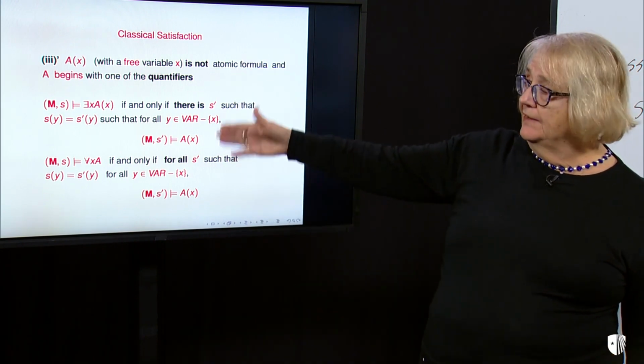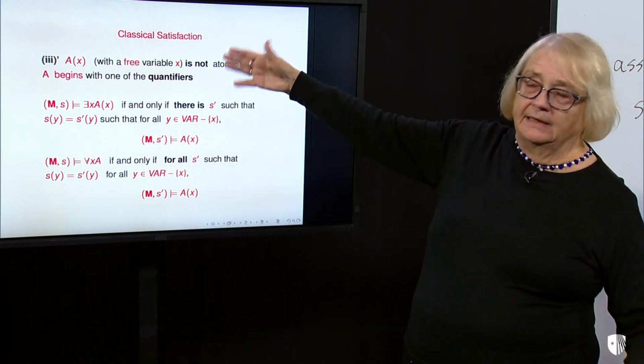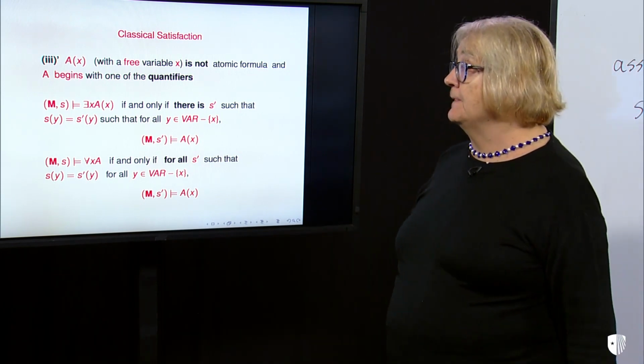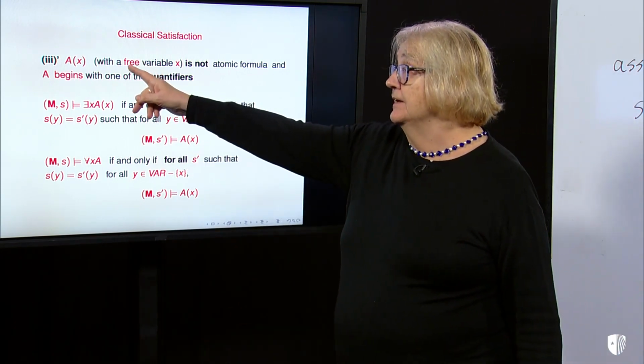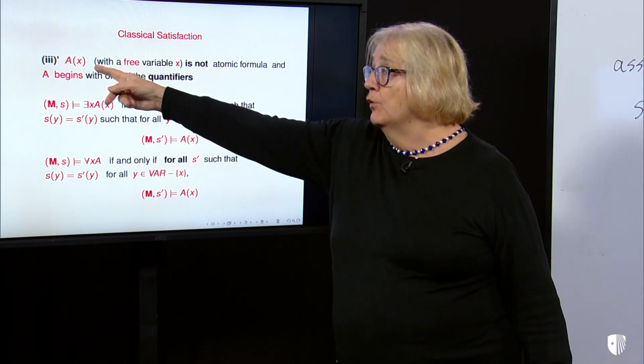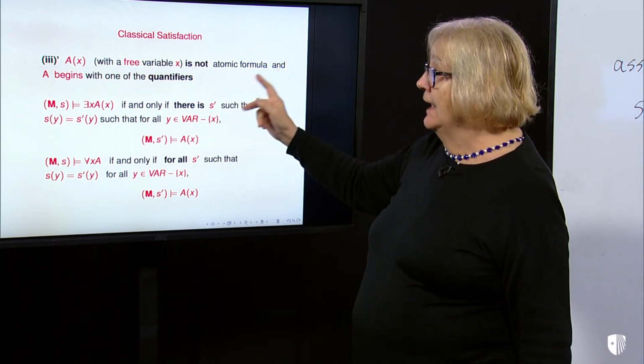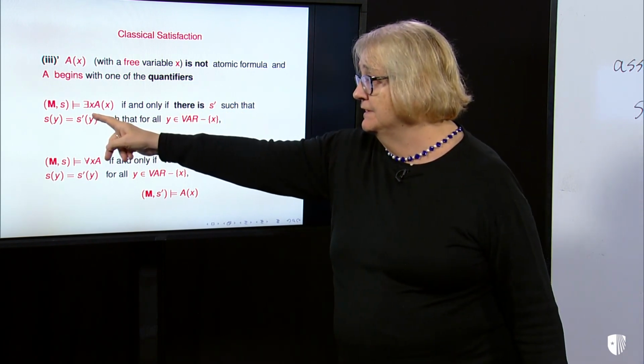And that can be taken as another definition of that part of satisfaction, for A(x) with a free variable, a formula with a free variable x, that is not atomic and begins with one of the quantifiers.